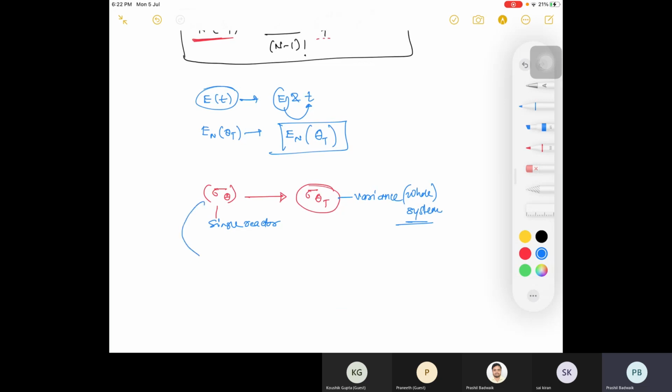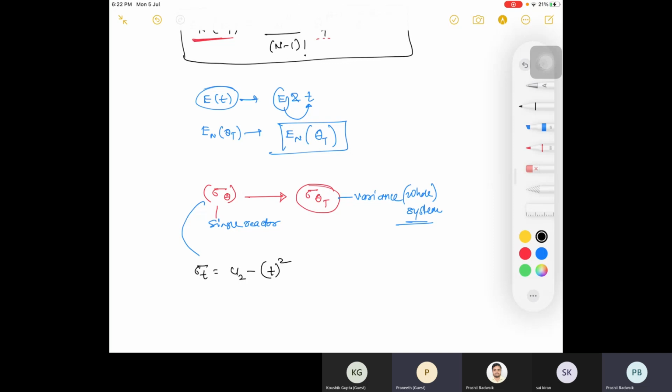What was your formula for sigma theta? First I'll write the formula for sigma t, then we'll move to sigma theta. Sigma t squared is the integration from 0 to infinity of t square E t dt, minus t mean whole square. Am I correct?